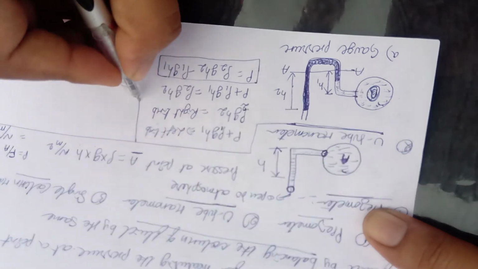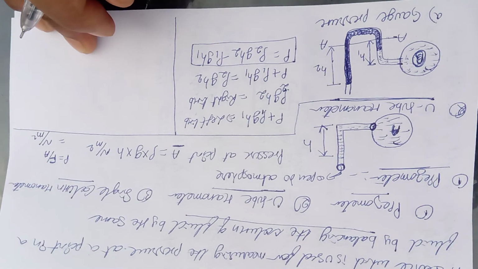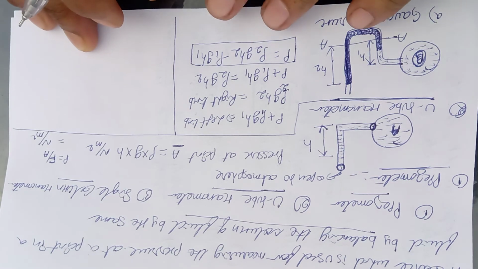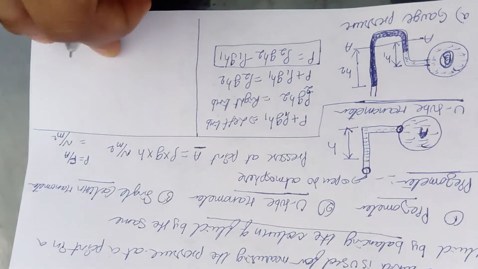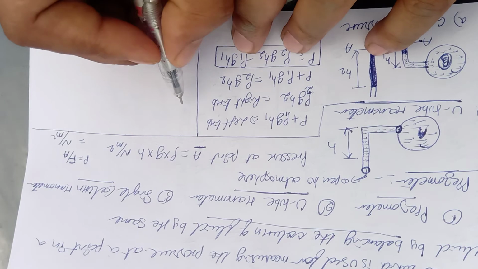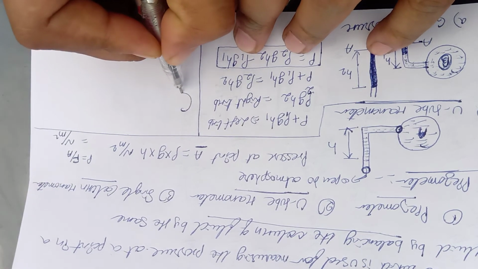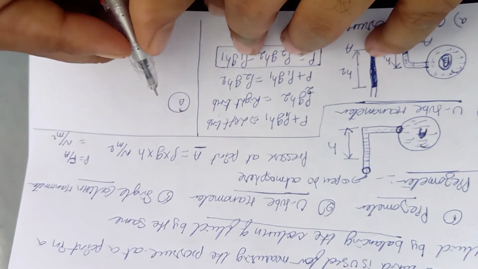Now let's take another condition, vacuum pressure. Let us draw the diagram for vacuum pressure. Similar to before, this is the container B whose pressure is to be found.